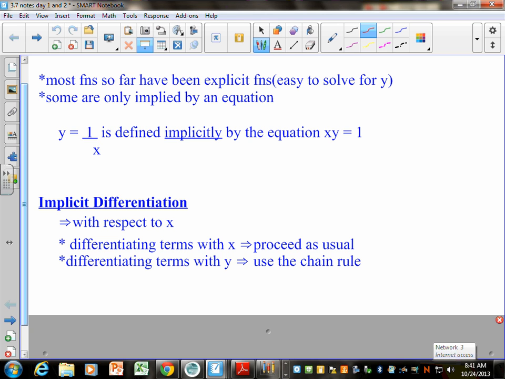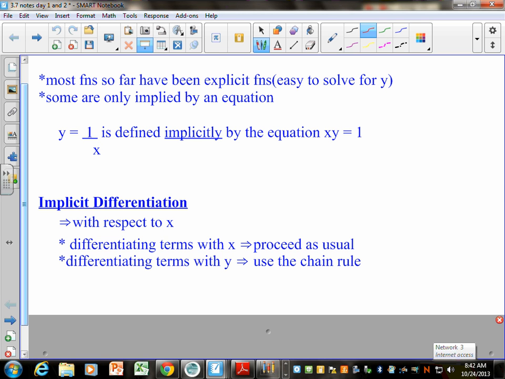Here's my little rule. I have steps for you in a minute, but this is my overall rule. Normally, when we take the derivative, we do it with respect to x, so we just do our normal rules. When you take the derivative of x, you do nothing new. You proceed as usual.